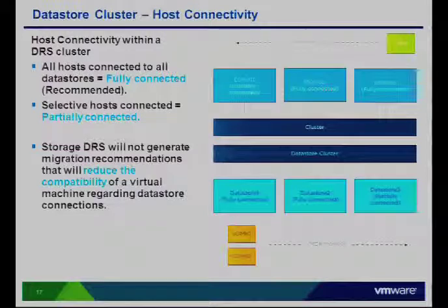Now, when we talk about designing your Datastore cluster, one of the questions I had was, I don't connect all my data stores to my hosts. And this is what we call a partially connected DRS cluster. When you enable Storage DRS, it actually takes over the responsibility of initial placement from DRS as well.